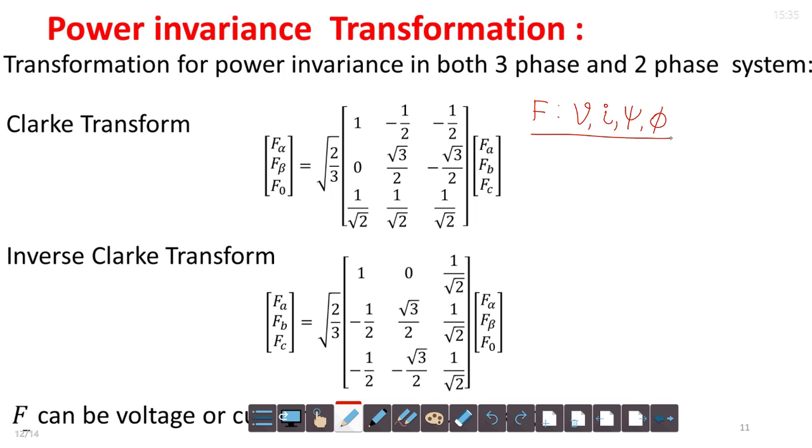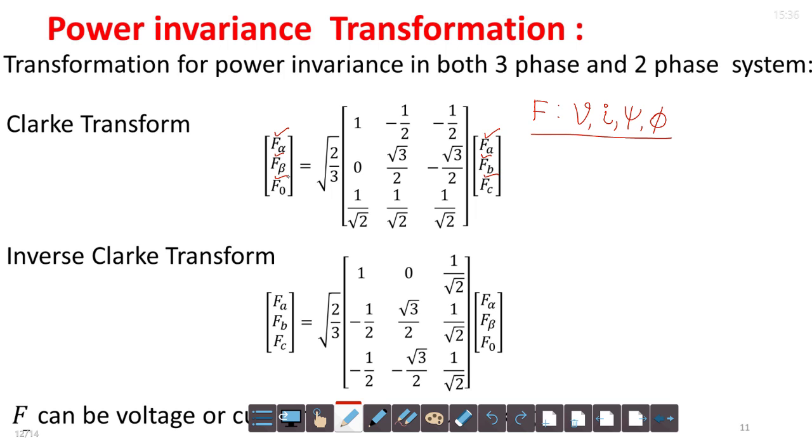So, here in the Clark transformation, we transform from three phase ABC to stationary alpha beta. We have FA, FB, FC three phase quantities, transformed by Clark transformation to F alpha, F beta and F0, the zero sequence component, three components. So, this is the Clark transformation.